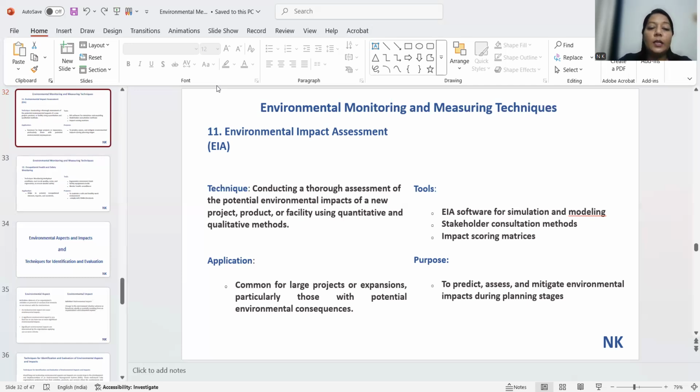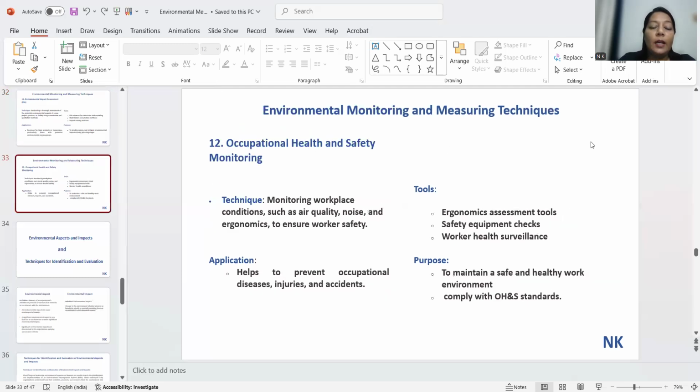Next point is occupational health and safety monitoring. In this technique, we monitor workplace conditions such as air quality, noise, and ergonomics to ensure worker safety. In application, it helps to prevent occupational diseases, injuries, and incidents.